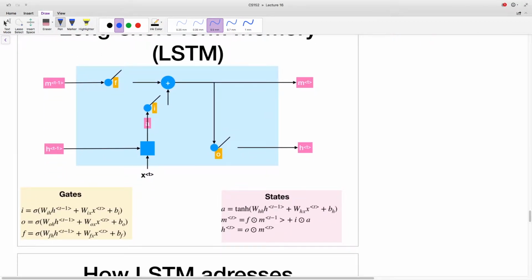All right, so here is our diagram for this. We've got our forget gate here. This is F. And that's the gate, and this shows it can be open or closed. If it's completely closed, how much of M(t-1) gets into M(t)? None. And if it's completely open, all of it.